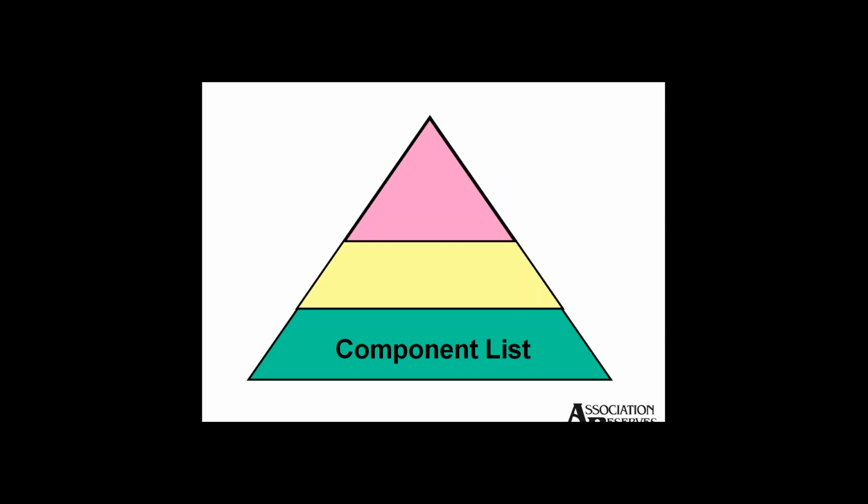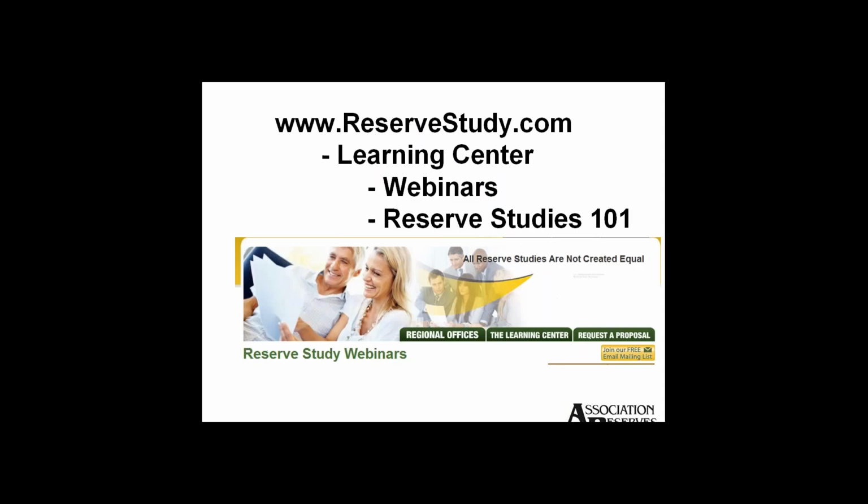And as a reminder, every reserve study has three parts, beginning with the reserve component list, which forms the foundation. That's a stable foundation if it's based on National Reserve Study standards. That's the material that we covered in Reserve Studies 101, which addressed the subject of creating, updating, and for our clients, reviewing the reserve component list.